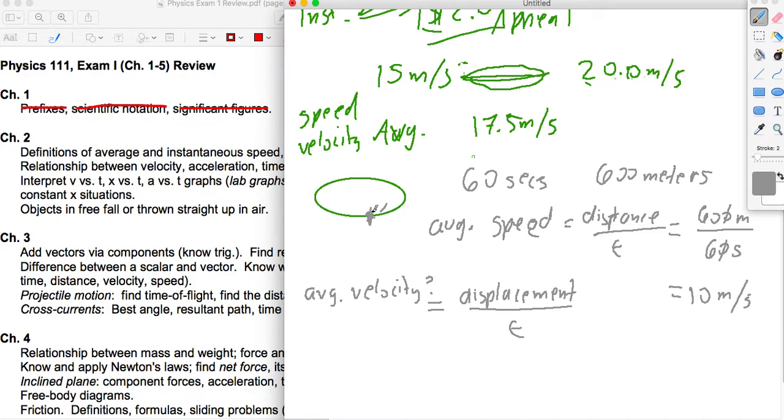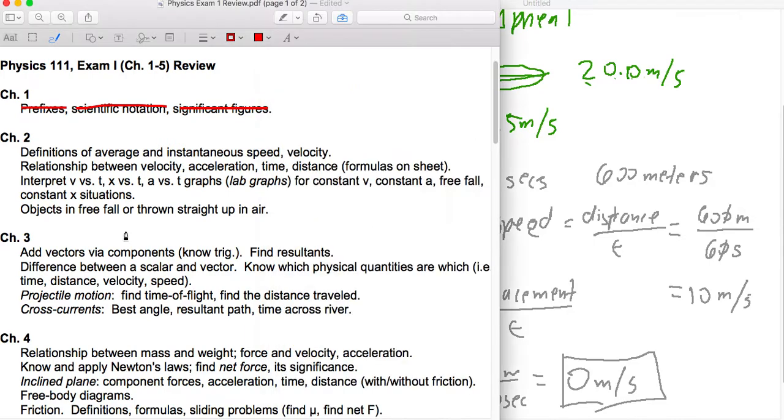Theoretically, we displaced 0, right? Because we didn't move from our beginning initial point. We didn't end up anywhere else. So our displacement is 0 meters, and the time can be whatever it wants. But our average velocity then will be 0 meters per second. So that might be one of the tricky questions where your exam is trying to test whether you see what's going on there, and those points can be vital. All right, so there's that.